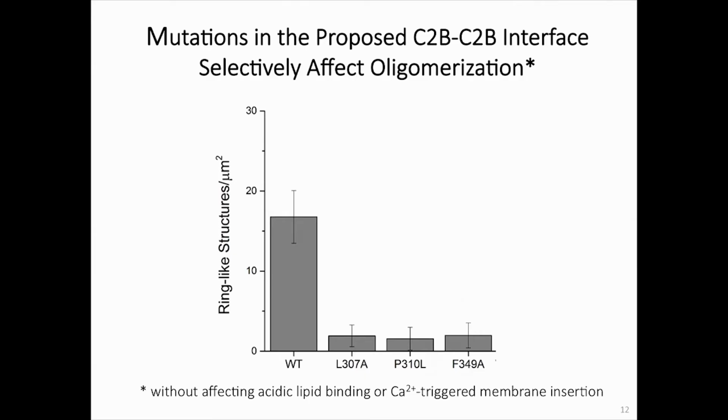When these are mutated, rings no longer form, but synaptotagmin retains each of its additional functions. It still binds to PIP2, okay? It still inserts its flanking hydrophobic residues with calcium into a bilayer. So it still undergoes that toggle to release neurotransmitter. The only thing it doesn't do, as far as we can tell, is form rings.